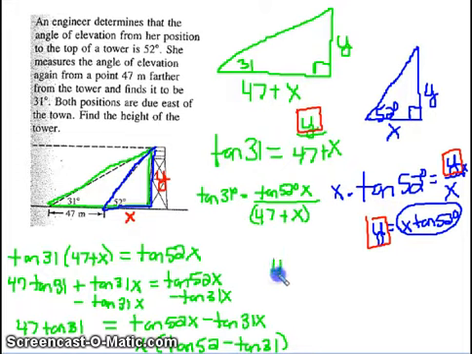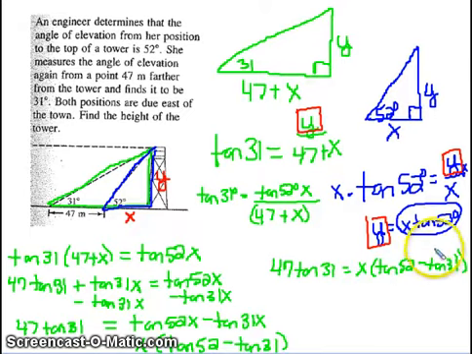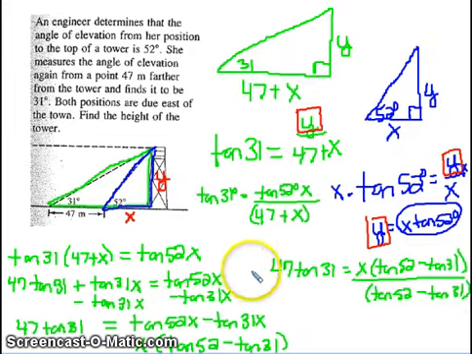If you want to see that step, we've got 47 tangent of 31 equals x times the tangent of 52 minus the tangent of 31. Excuse me. And then we're going to divide both sides by that. So the tangent of 52 minus the tangent of 31 are going to cancel out.